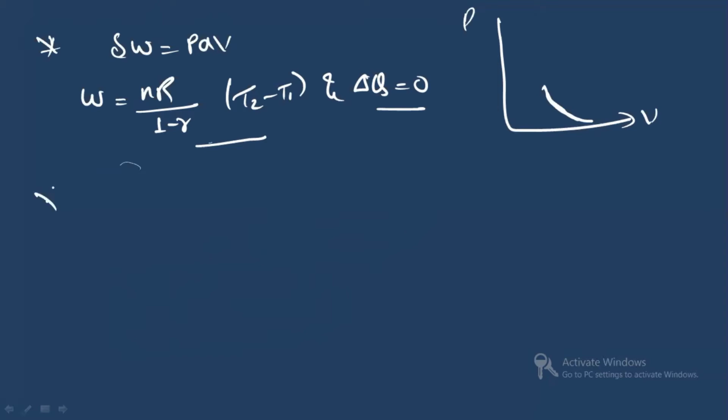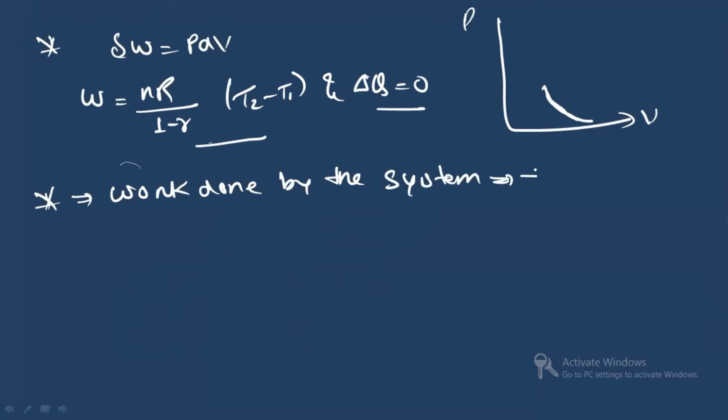These are the two very important things that you have to remember about the adiabatic process. Now, when we are discussing the work done, the first point to remember is that work done by the system is positive, but work done on the system is negative.